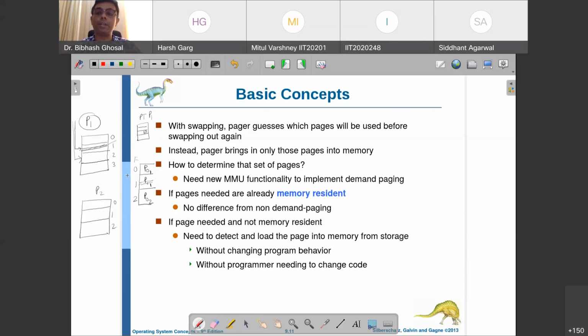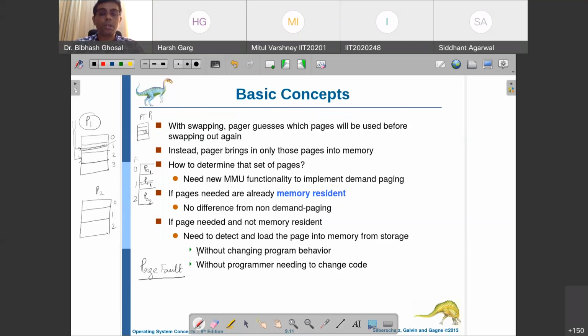The moment I get an invalid entry, I declare that this page does not reside in the physical memory. And this situation where that particular page does not reside in the physical memory is called a page fault.